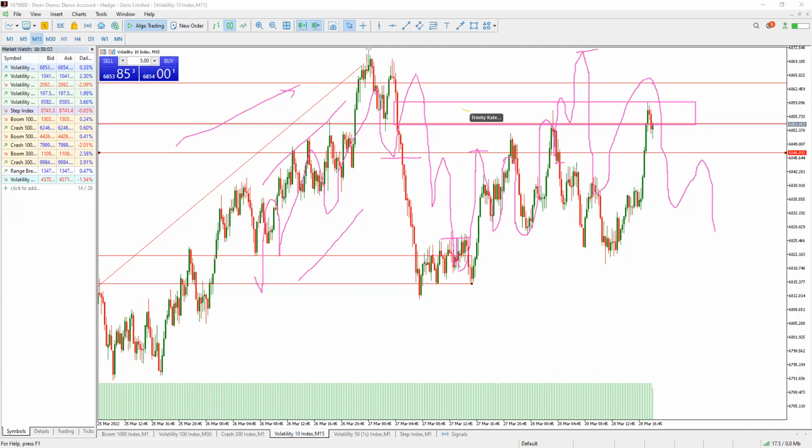Because if it comes and breaks this point here, then that means it has broken the previous high and is continuing with the upward direction. But as of now, we have filled the gap and we expect it to fall. So that's how I break down my analysis on a larger time frame. I hope I answered you well there.